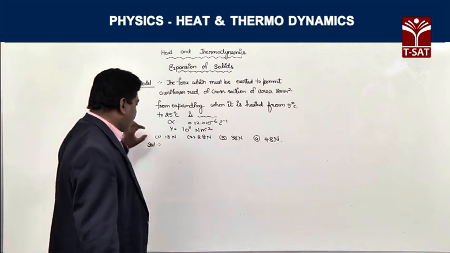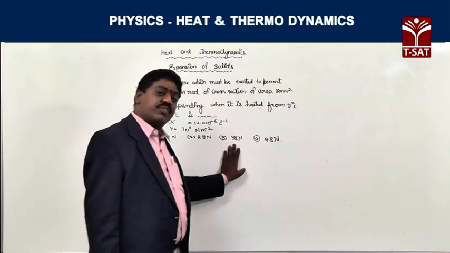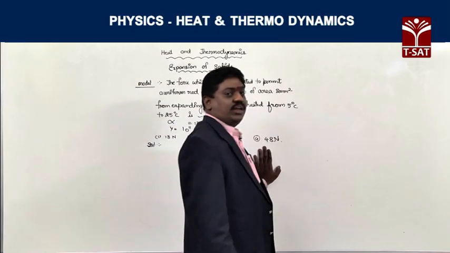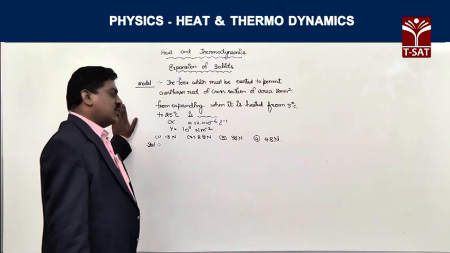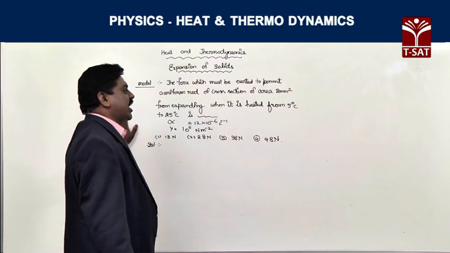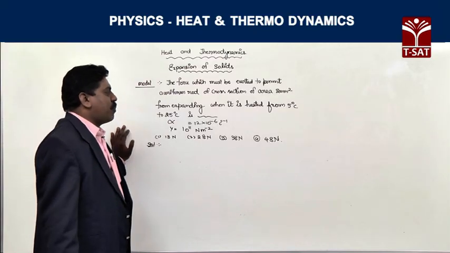The options are first one 18 newtons, second one 28 newtons, third one 38 newtons, and the fourth one is 48 newtons. This is a model which is having a link between expansion of solids and the mechanical properties of solids.